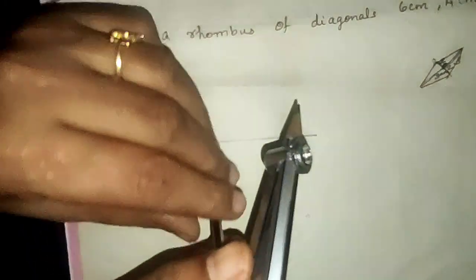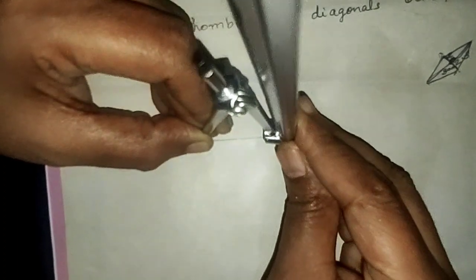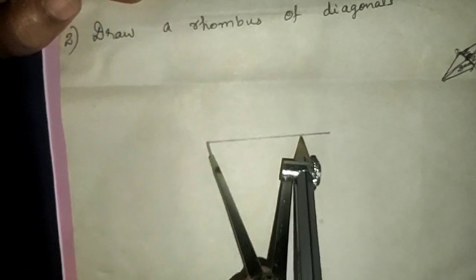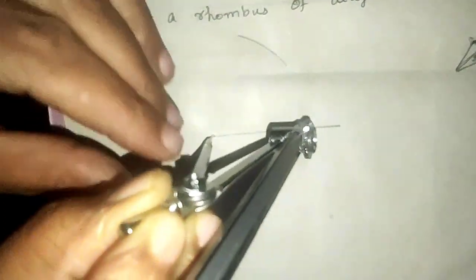We know that the diagonals are perpendicular bisectors of each other. So I am going to draw the perpendicular bisector of this line. How do we draw? Yes, for that take more than half of this 6 centimeter on your compass. Okay, you can take 4 or 5 for that. Okay, then keeping this point as center, draw an arc.